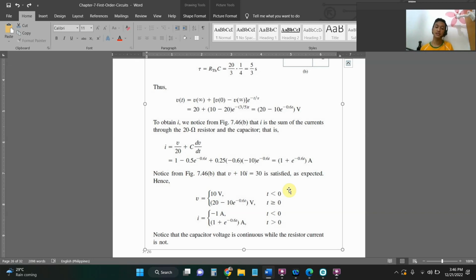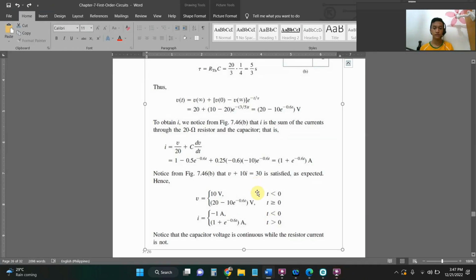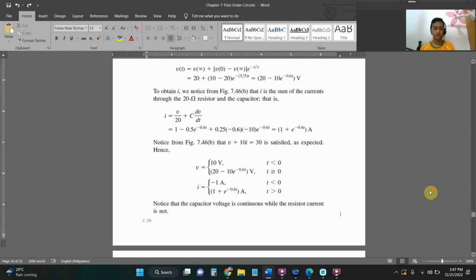And if time is greater than 0, we get the current of 1 plus e to the negative 0.6 t. So notice that the capacitor voltage is continuous while the resistor current is not, okay.